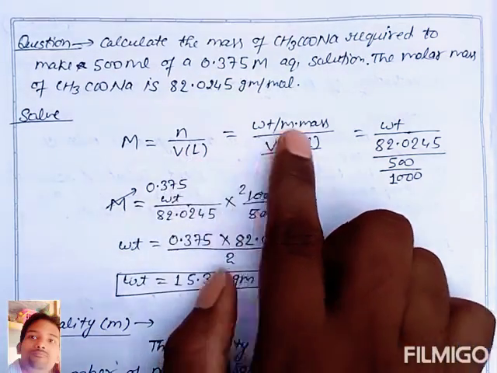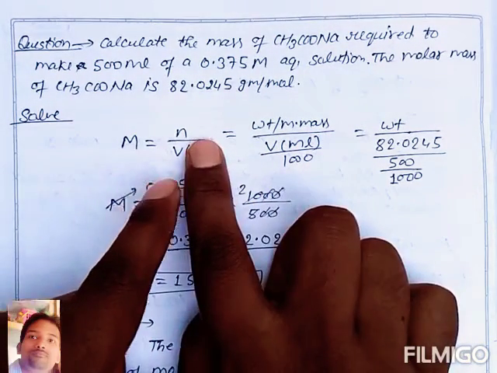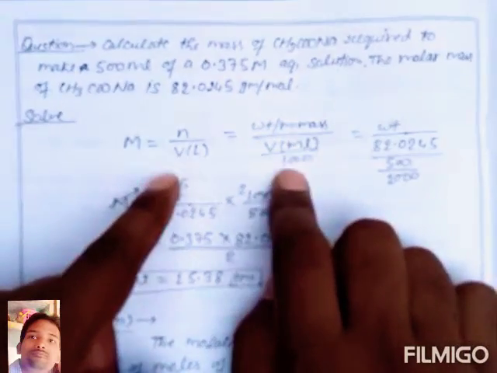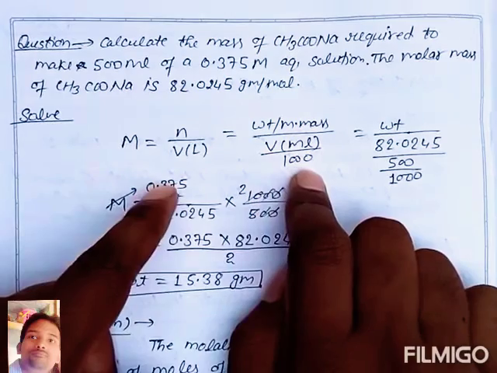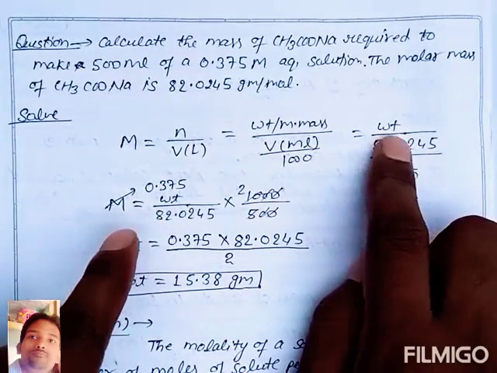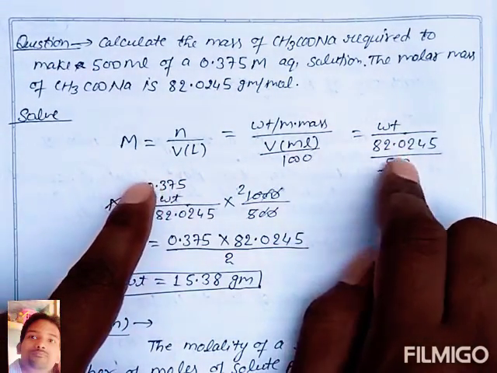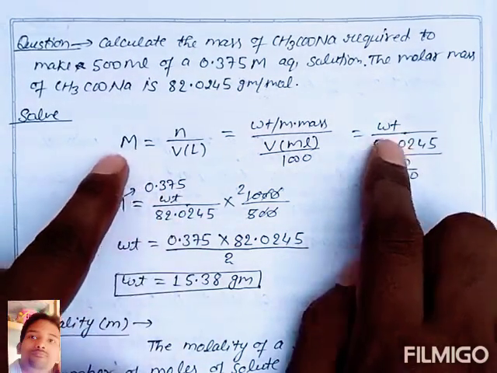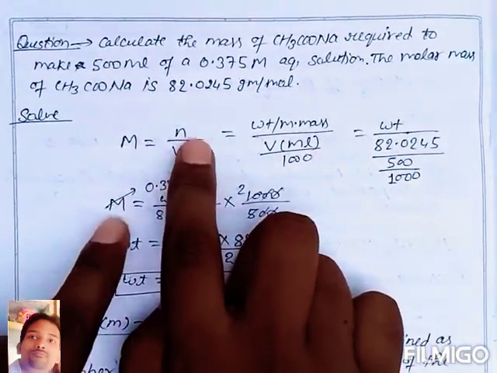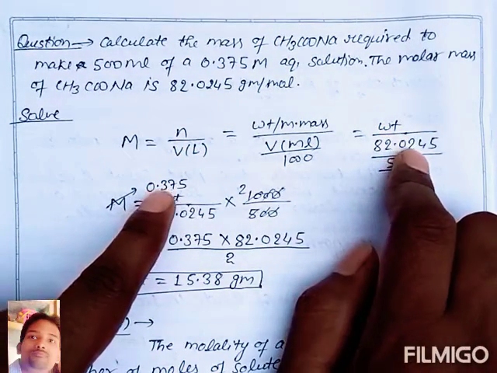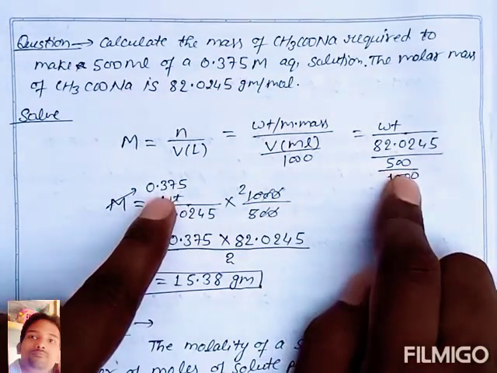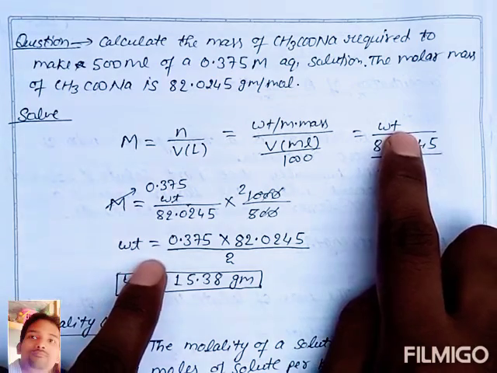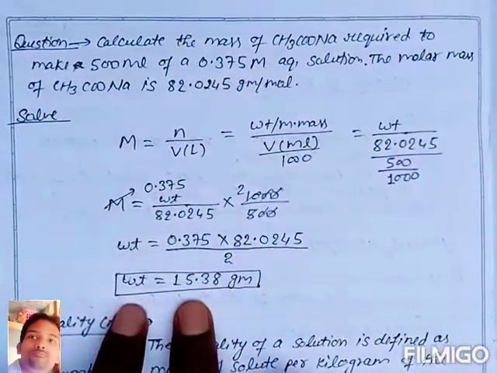Weight divided by molar mass gives the number of moles. Volume is taken in liter, so convert V in ml by dividing by 1000. Molarity and volume are given and molar mass is known, so you can easily find the weight of the solute. This will be the answer.